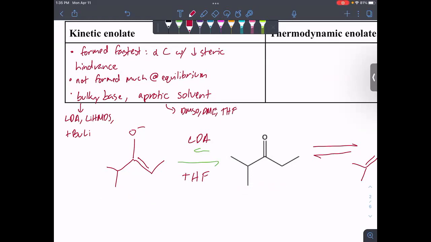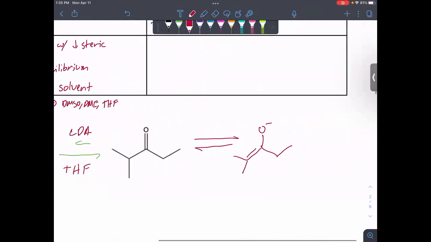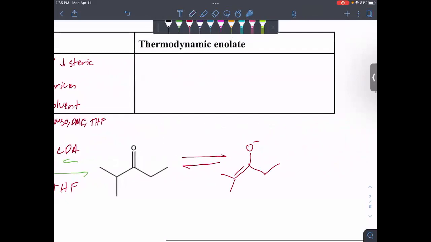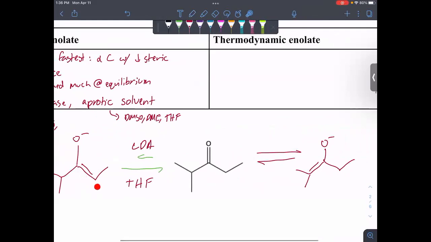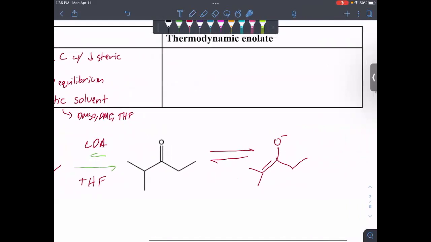Okay, and then for the thermodynamic enolate, you have to look at the alkene stability. This alkene is tetra-substituted as opposed to this one, which is tri-substituted. So tetra is more stable.